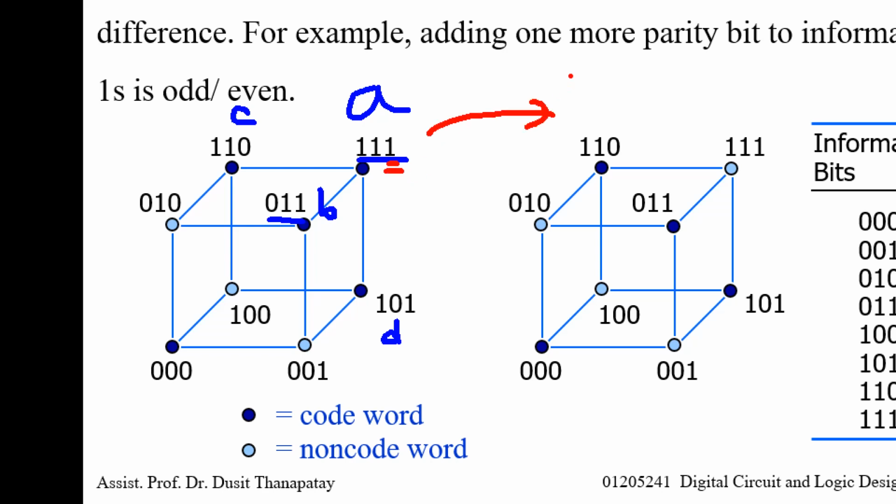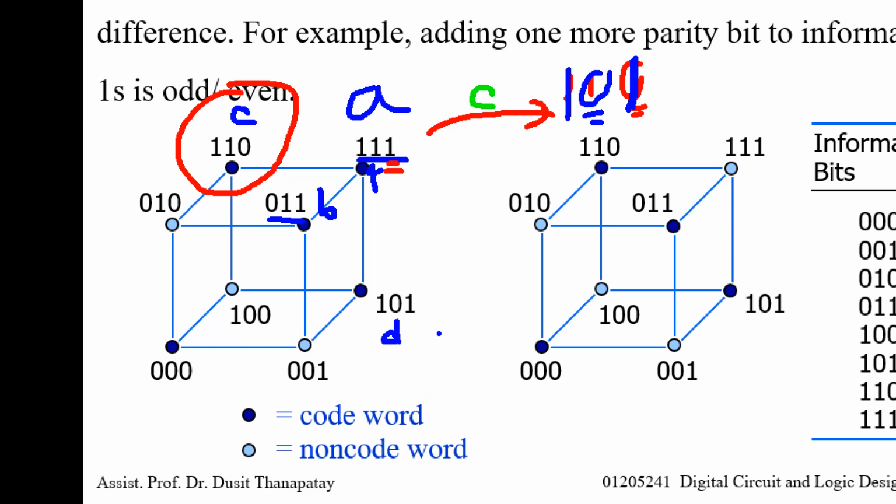So the receiver may understand that the transmitter sent C. And if the 1 bit flip is in the middle, it goes to 101, so the receiver may understand it as D, right?